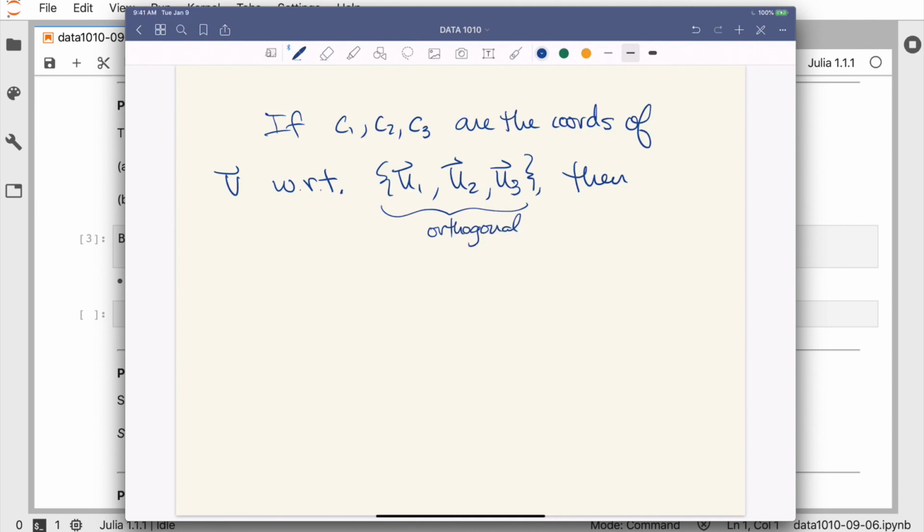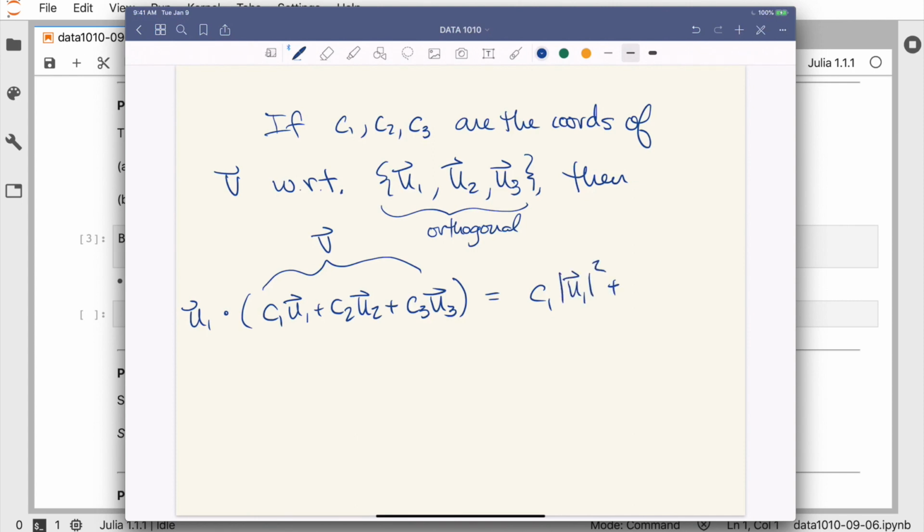Then what happens is that C1 U1 plus C2 U2 plus C3 U3, which is going to be equal to V if C1, C2, and C3 are the coordinates, has the property that when you dot it with U1, what you get is C1 times U1 dotted with itself, that's the squared norm of U1, plus U1 dotted with U2 and U1 dotted with U3, each time C2 or C3.